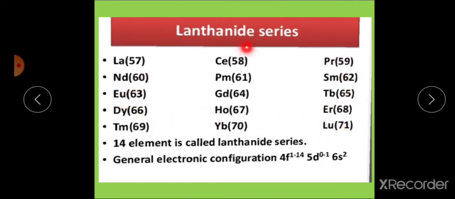These 14 elements after lanthanum are placed at the bottom of the periodic table in the 4f block or 4f series. For convenience, the general electronic configuration of lanthanide series elements is 4f 1 to 14, 5d 0 to 1, 6s 2 electrons.